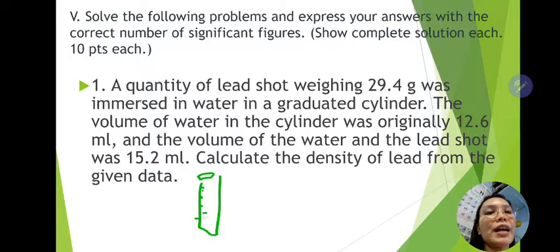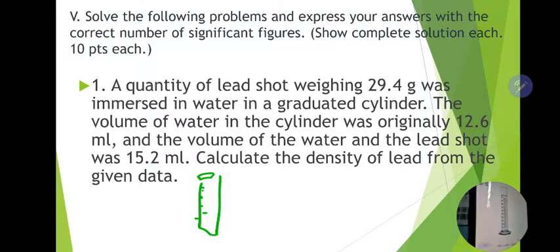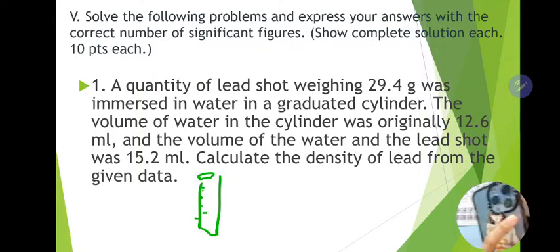Ito yung pang-measure natin ng mga liquid substances natin sa laboratory. Okay? I'll check kung meron akong picture. So, this is an example or the photo of a graduated cylinder. So, yan yung ginagamit natin sa laboratory pang-measure ng liquids. So, sorry lang sa background, medyo maingay, pero ipo-push through natin to para sa review nyo.